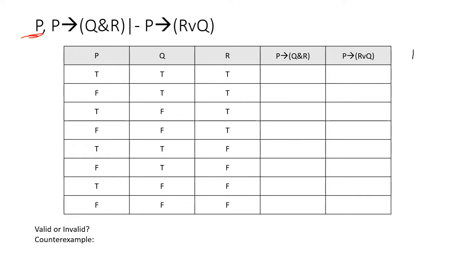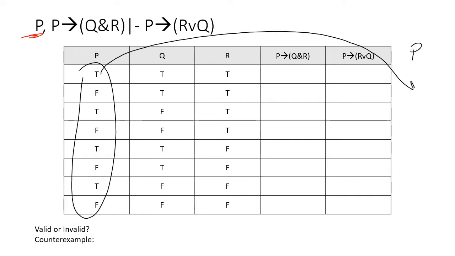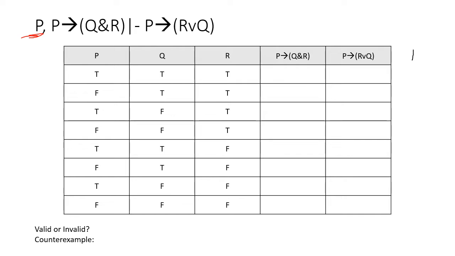If we had P over here, we would just take all of these and copy them over here. We don't need to do that because we've already got them there. So we know that our one premise is there. We have our second premise here, and then we have our conclusion, which we always only have one over here on the far right side. So we just need to do this second premise and the conclusion.